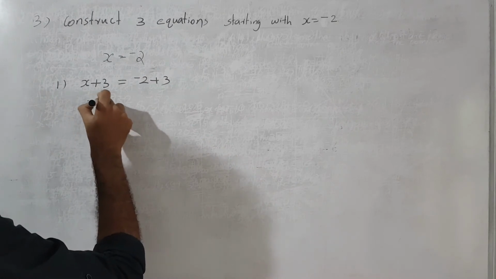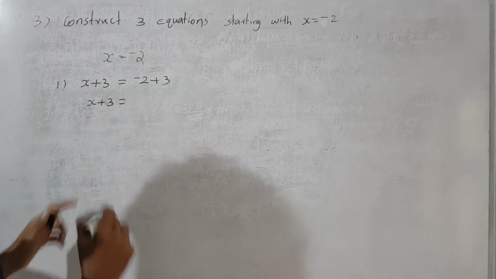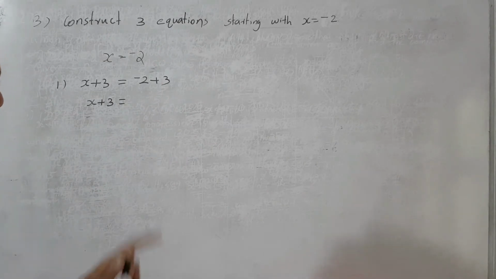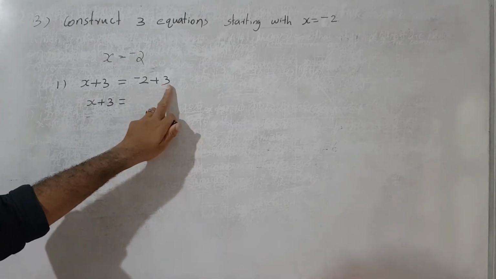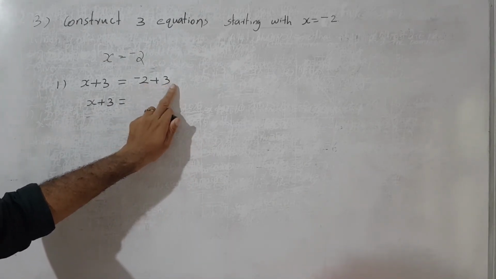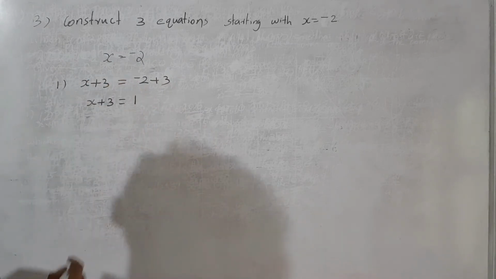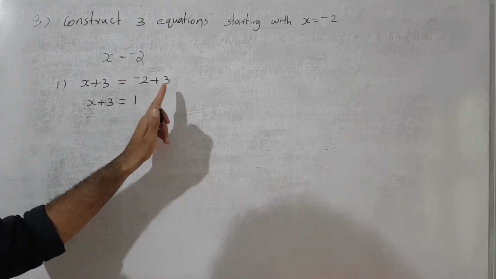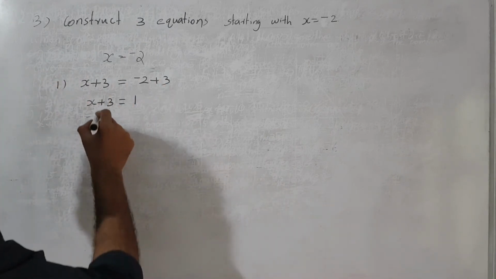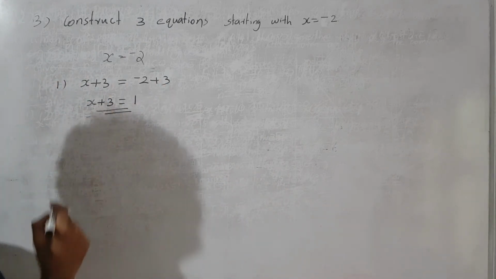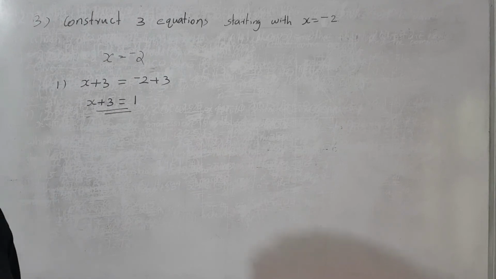Then x plus 3 is equal to, what is minus 2 plus 3? Both are different signs, so we subtract smaller from bigger. 3 minus 2, the answer is 1. What is the sign of 1? The sign of 1 is positive. Then the first equation is x plus 3 is equal to 1.